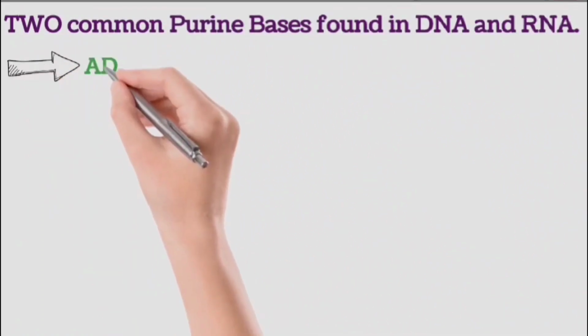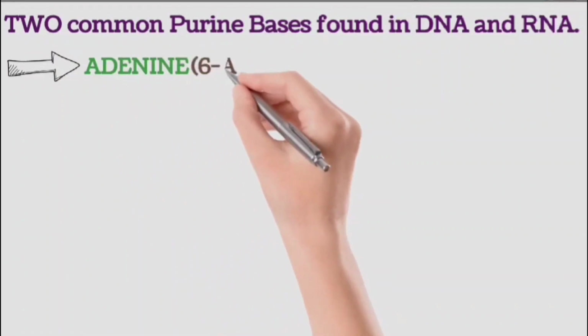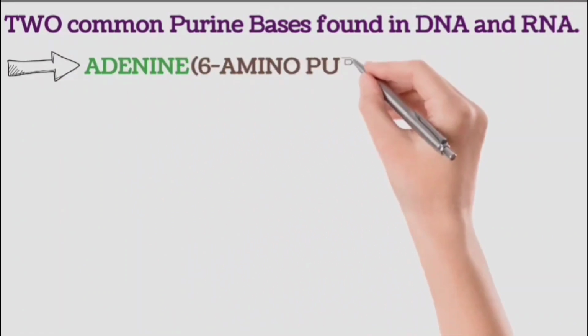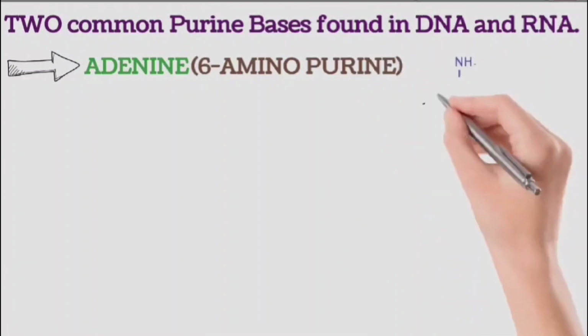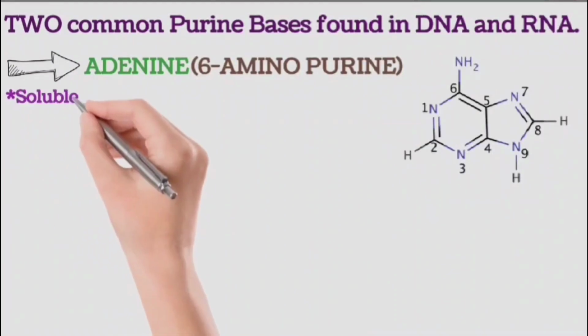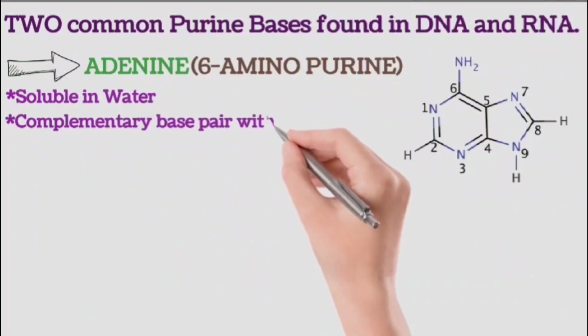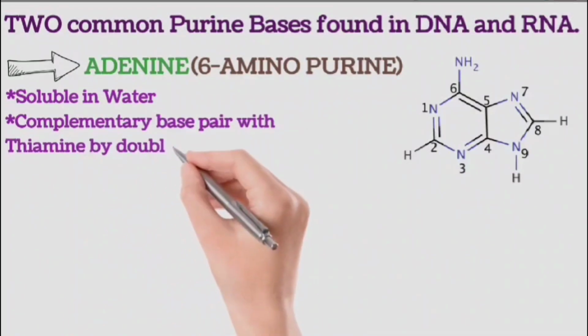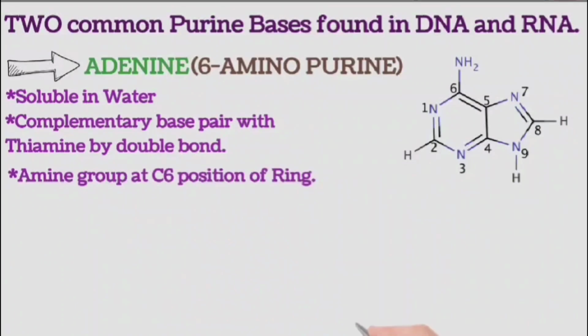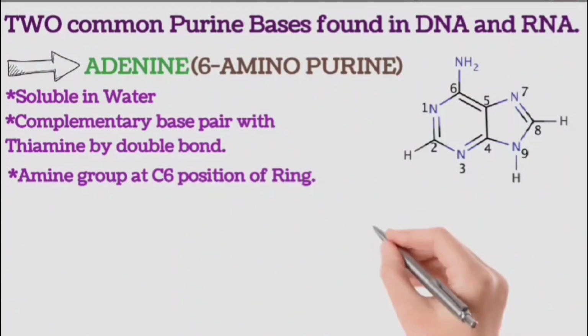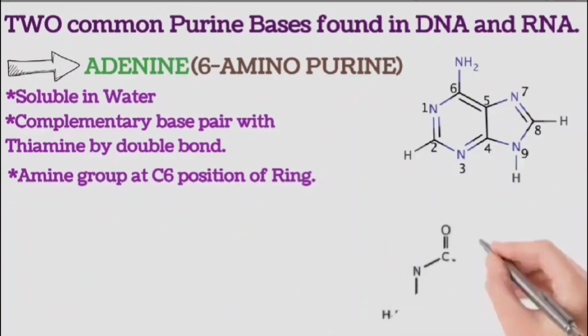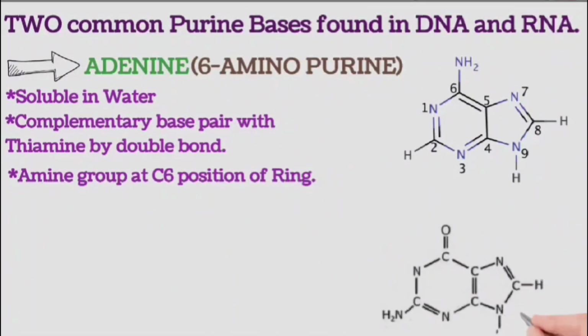So the first one is adenine, which can be named as 6-aminopurine, which is soluble in water. It pairs with thymine by double bond. From the name, we can see that the amino group is present in the 6th position. In this structure, you can see the position of the amine.